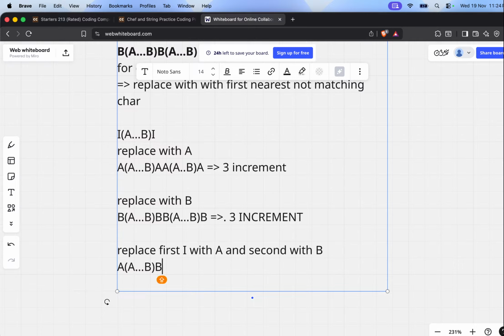This one with B, then again with A, then again a B. Let's see what happened. There is an increment of 1 here. There's an increment of 1 here. There's an increment of 1 here. And there is an increment of 1 here. So how many increments? 4 increments.